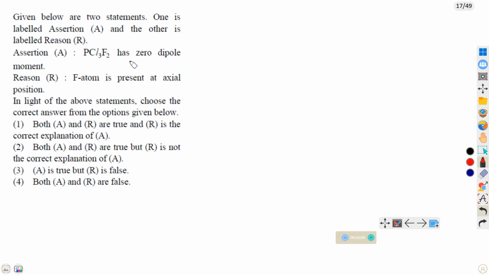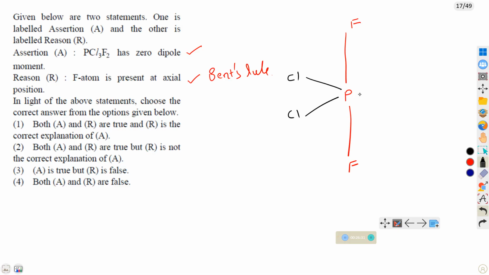Assertion: PCl3F2 has zero dipole moment. Correct. Reason: fluorine atoms are present at axial positions. Correct, according to Bent's rule. According to Bent's rule, in phosphorus, more electronegative atoms must be present at axial positions, and less electronegative atoms at equatorial positions.